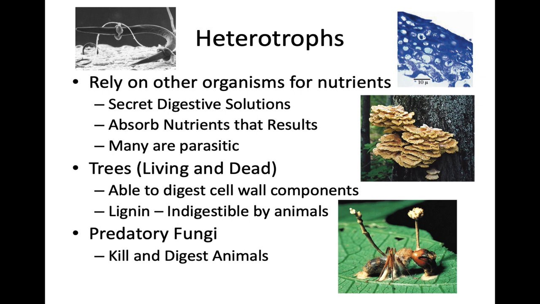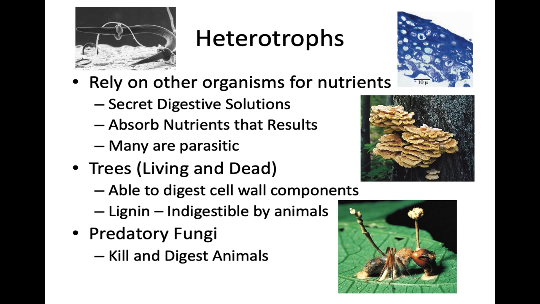This form of the cell wall is indigestible by most animals and is not a good food source. However, fungi make special enzymes that allow them to break down the lignin and digest the trees. So that's why fungi are so good at breaking down trees and other organisms are not, because they make a special enzyme that helps them break down that really tough lignin that you find in the sclerenchyma cells in trees.